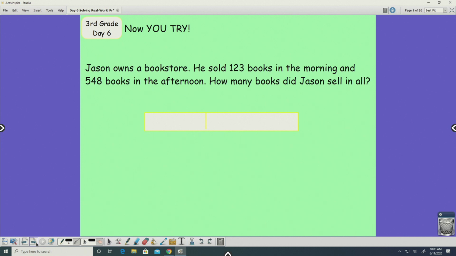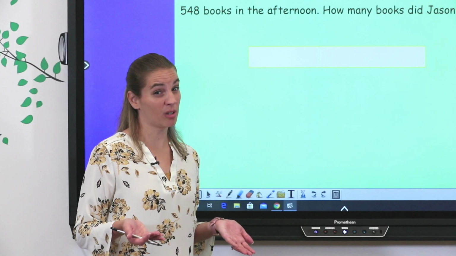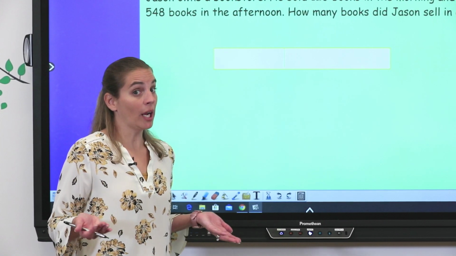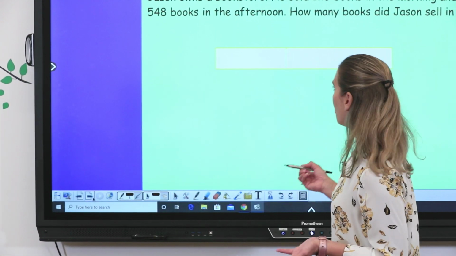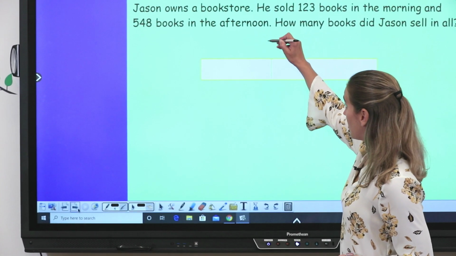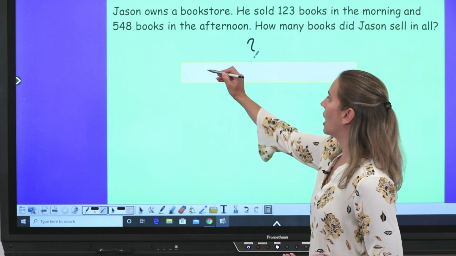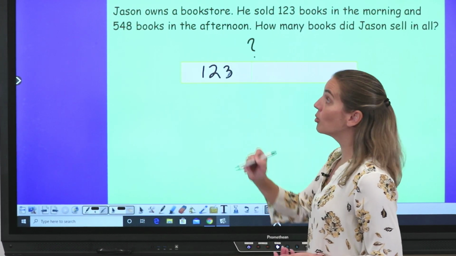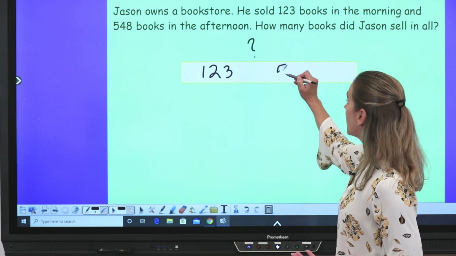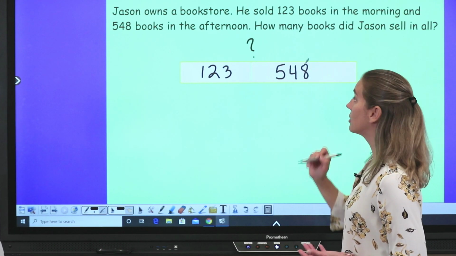Let's take a look. Well, let's see. I'm trying to figure out how many books Jason sold in all. So I'm trying to figure out my sum or my total. So this, my whole, is the piece I don't know. I do know that he sold 123 books in the morning and 548 books in the afternoon.